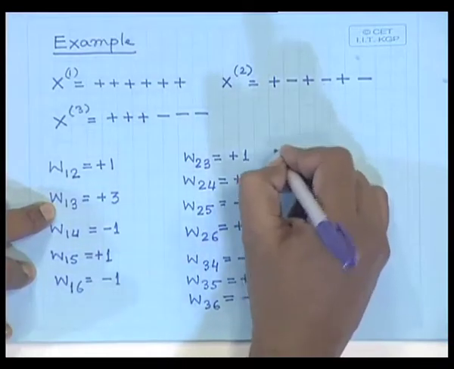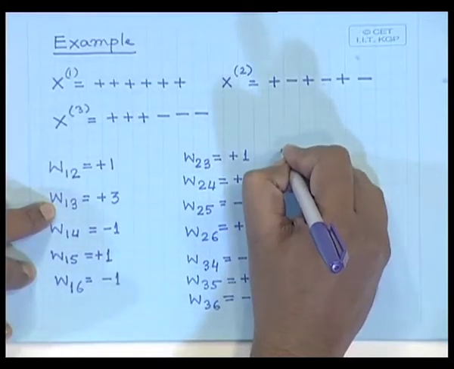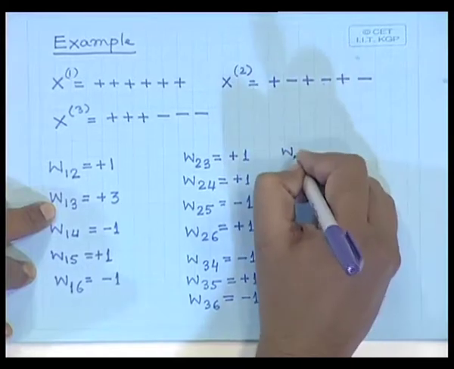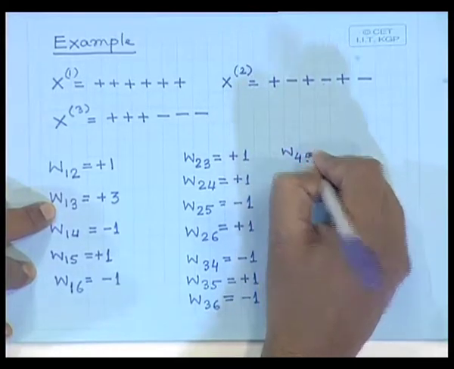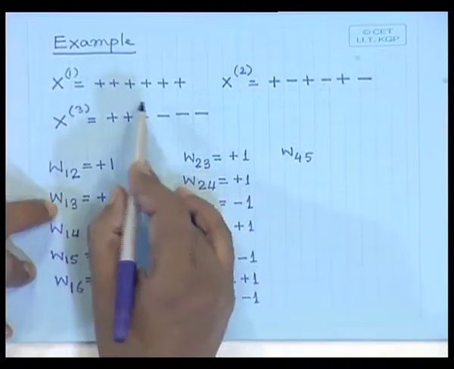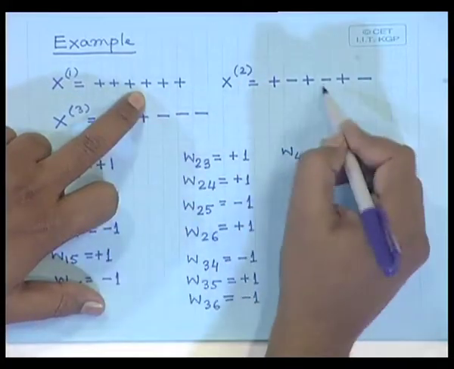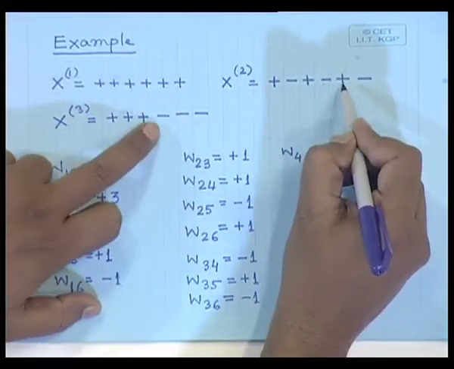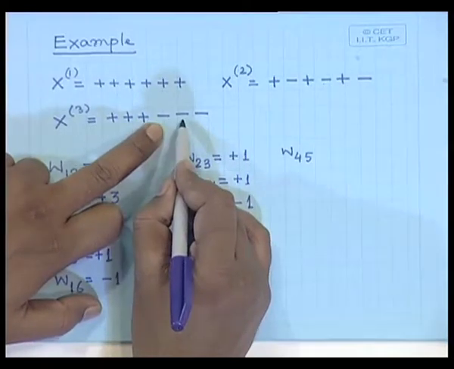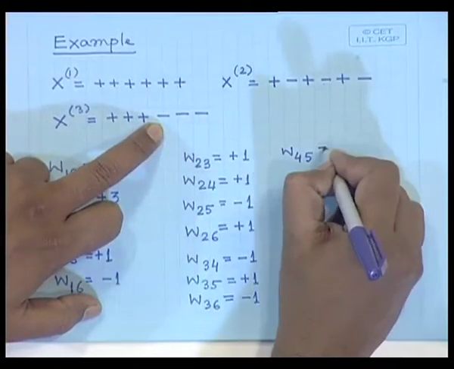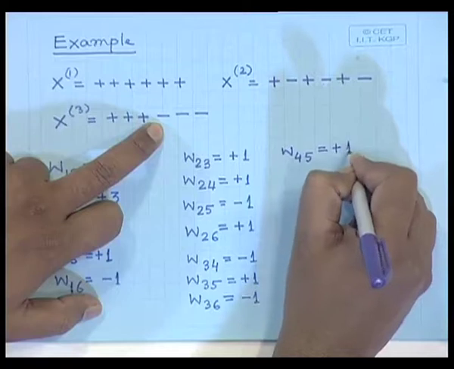Similarly, I have to go for W45 because others I need not compute. So, W45, plus 1, minus 1, here it is plus 1. So, W45 becomes plus 1.